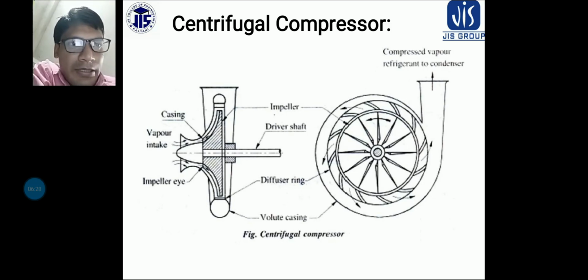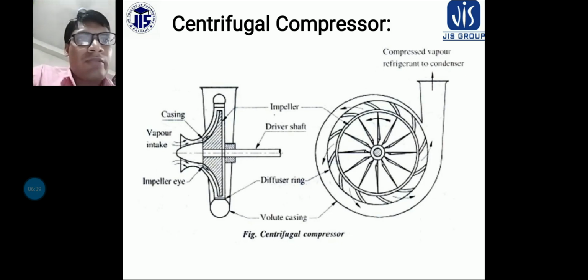The vapor coming from the evaporator enters the spinning impeller, and by the help of centrifugal action the operation is done. At the outlet we get high pressure vapor refrigerant.